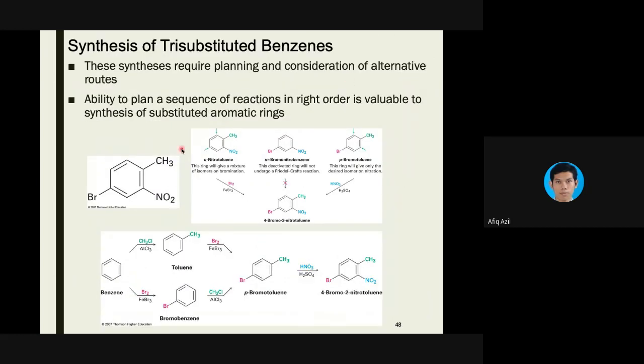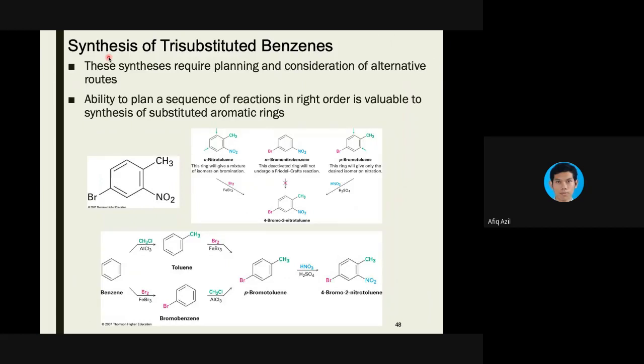So, synthesis of tri-substituted benzene. All of the knowledge or information that you obtain from the beginning of the lecture until this slide, the use of it is in terms of synthesis. So synthesis of what?